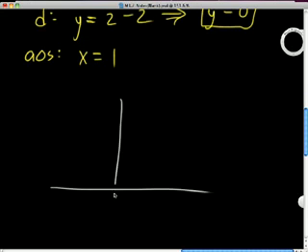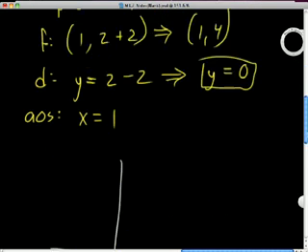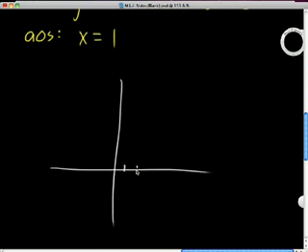Here's my grid. Our vertex is at (1, 2), so I'm going to put some tick marks in here, 1, 2, 3, 4, 5 in each direction. Let's plot this point. Our vertex is over 1, up 2.